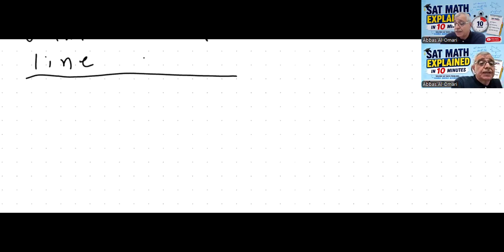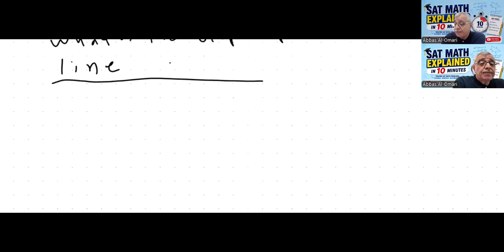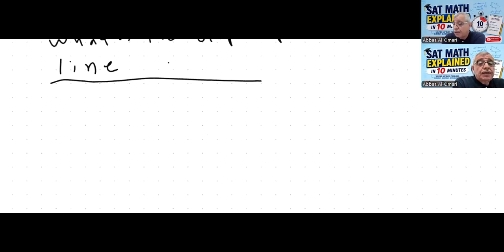That means the slope of K multiplied by the slope of line M equals -1. And when two straight lines are parallel, their slopes are equal.